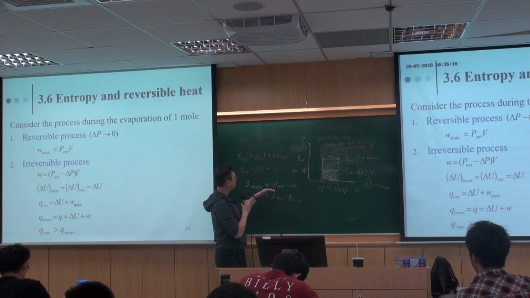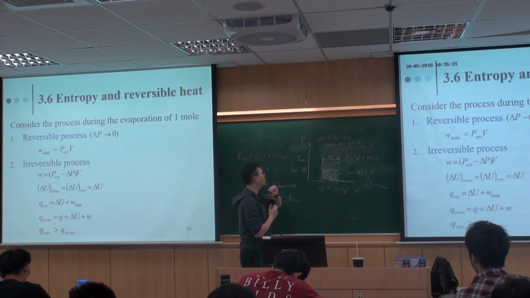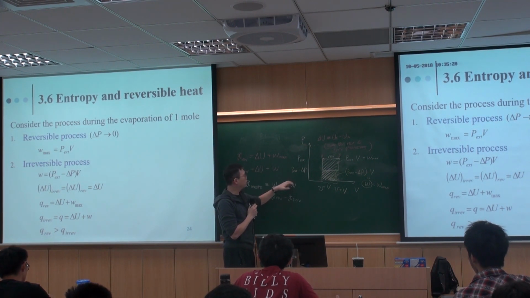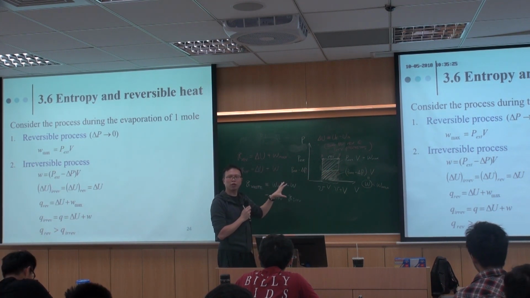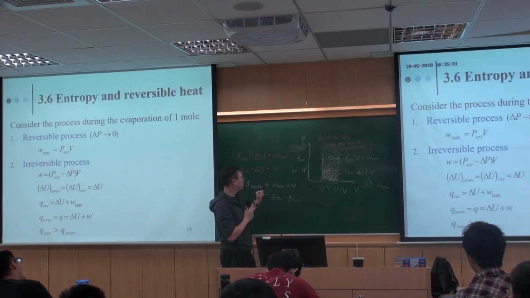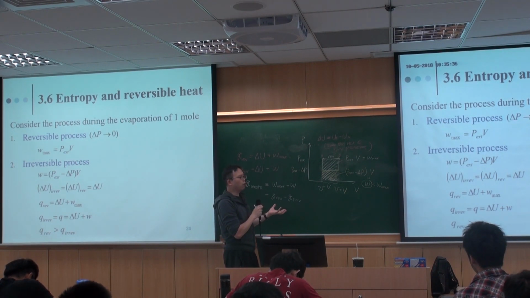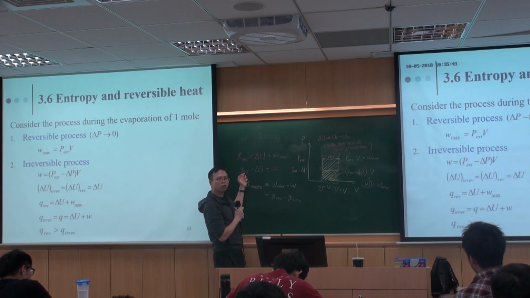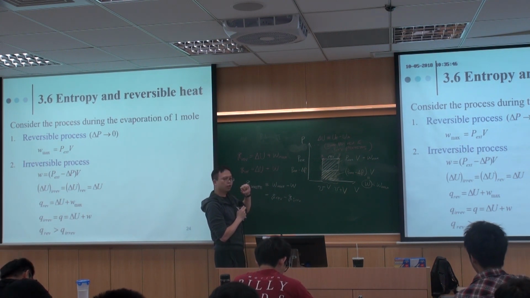Q waste means that when the gas is expanding, there's some part of the work that cannot do the maximum work. And that part of work will be converted into waste in terms of thermal energy. And that part is heat. So you have some extra heat that's being converted from work. So therefore, you don't need that much heat to change the same internal energy difference.